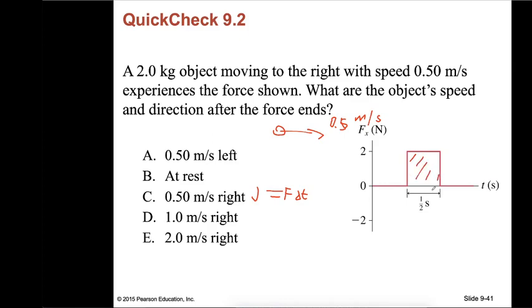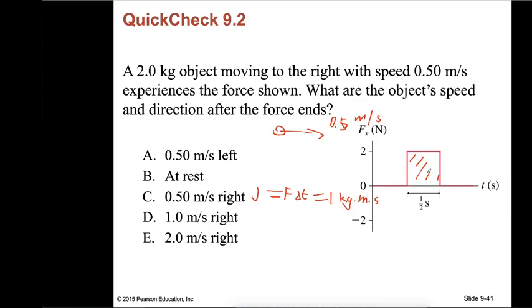This area is easy to calculate. It's a rectangle, so length times height. Height is 2, length is 1/2, so the area is 1 kilogram times meter per second. That's your impulse.